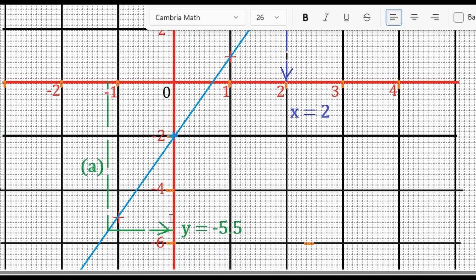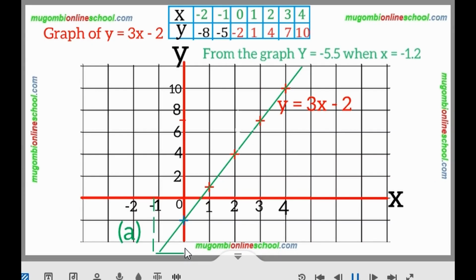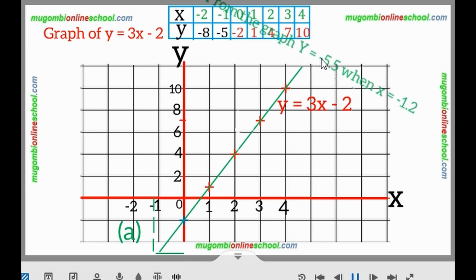This is negative 5, at this point negative 5.2, negative 5.4, negative 5.5. So when x is equal to negative 1.2, y is equal to negative 5.5 from the graph.